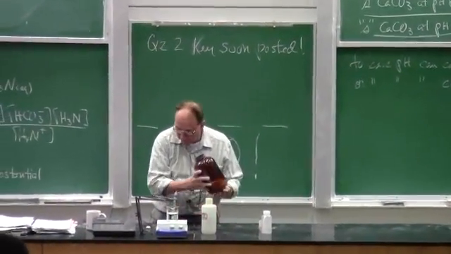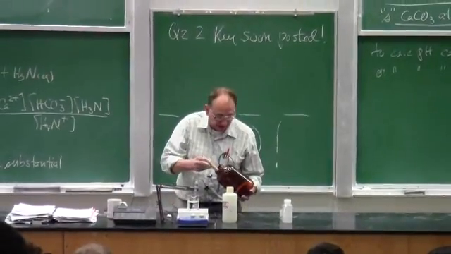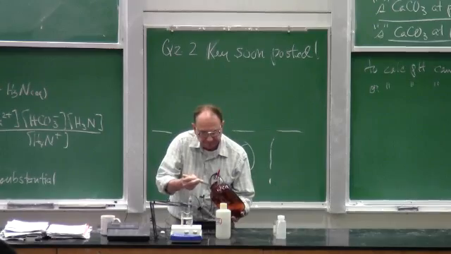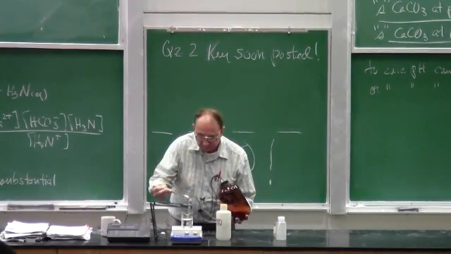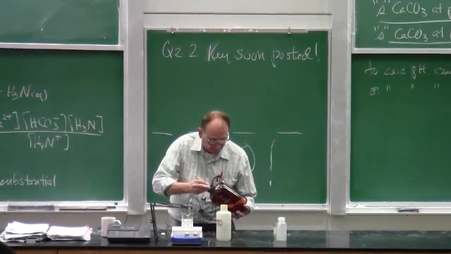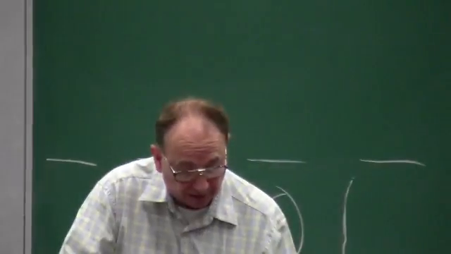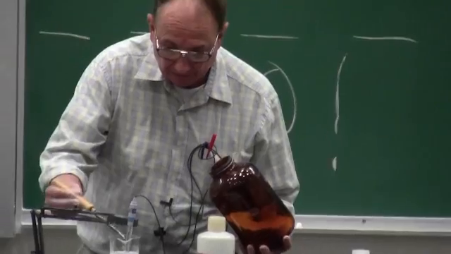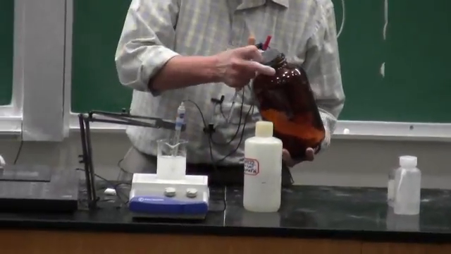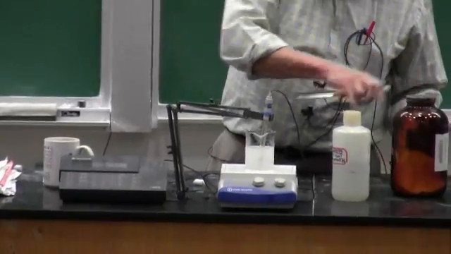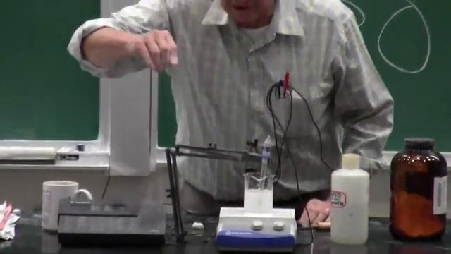So what I'm going to do is to take a scoopful of calcium carbonate, put it in the beaker. Don't need much because there's not much that's going to dissolve. What now is going to happen to pH? pH going to go up, stay the same, come down.